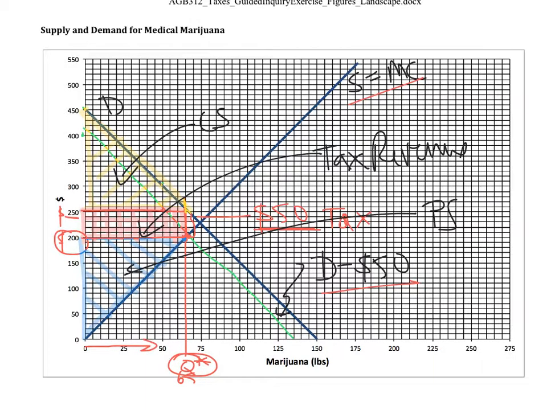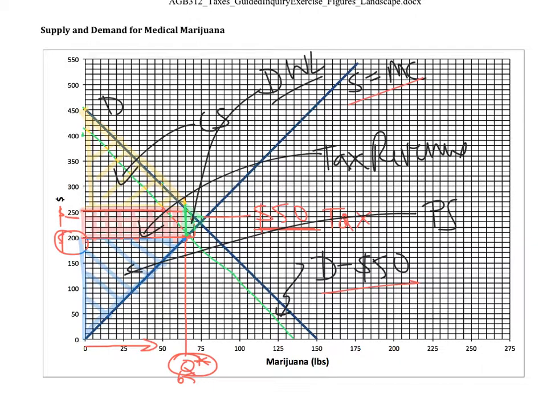Okay, and that leads us to the last element, which is, let's see, get a new color, the deadweight loss, which in this particular example is the foregone benefits by not being at the normal market equilibrium, which occurs when there is no tax.